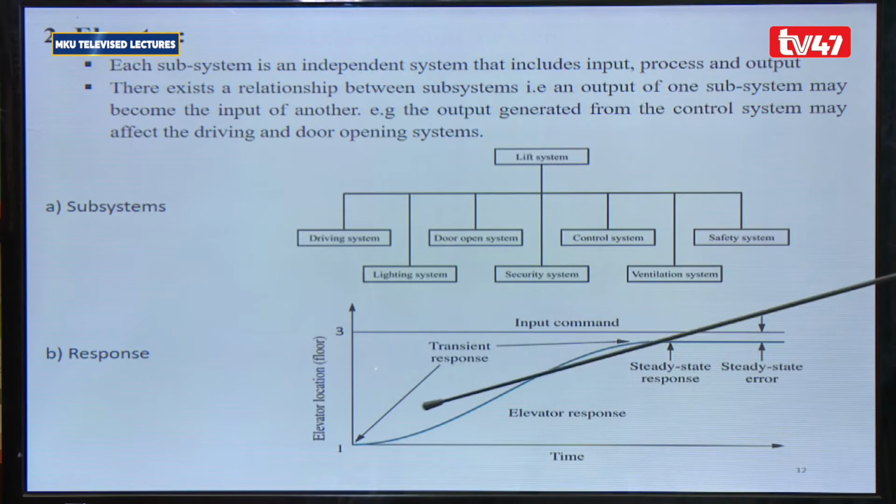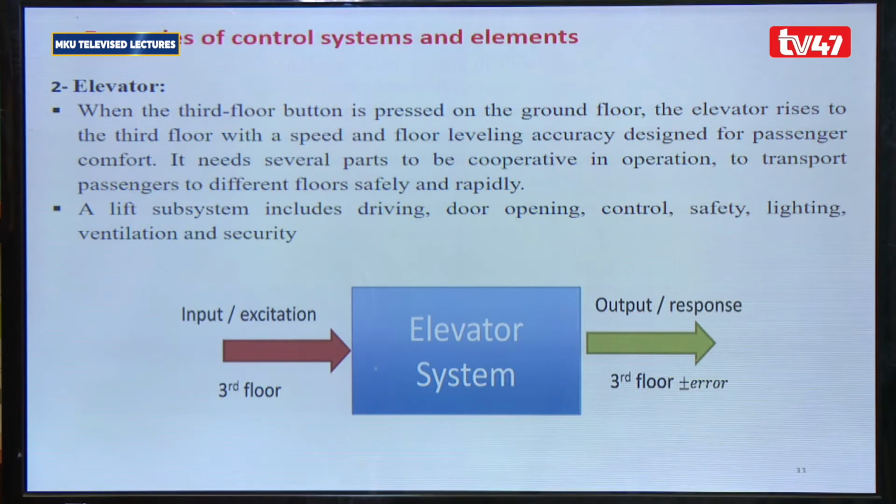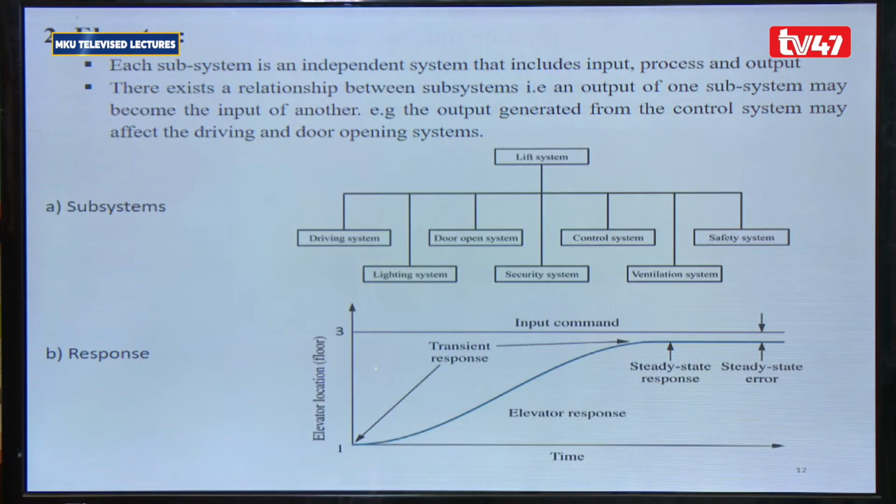So this one is just a response. You find this is the error which we were talking about, plus or minus error. Third floor plus or minus error. So when you have your third floor here, you have entered in and pressed your third floor. So you find the elevator moving in this response until it reaches here.